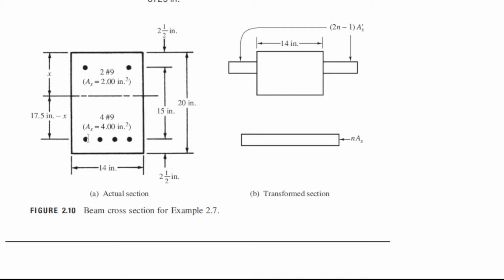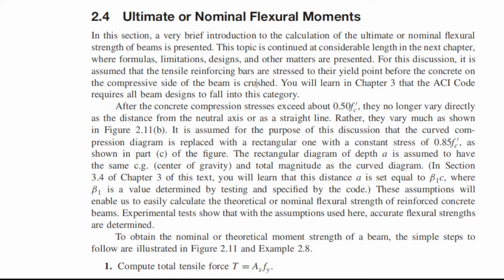These bottom bars must hit their yield point first before the concrete section here gets crushed by the load. Is that clear enough? Can you follow? That is a very important statement.